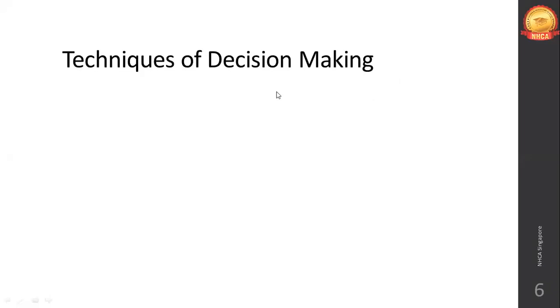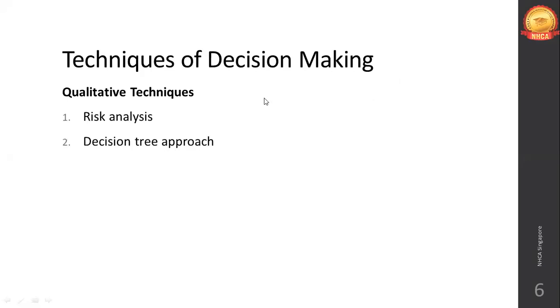Next, techniques of decision making. Qualitative techniques, risk analysis, decision tree approach, and preference theory. In risk analysis, from the name itself, you can find out the benefit which is going to come in future with a particular decision. Is that decision coming with a certain amount of risk?